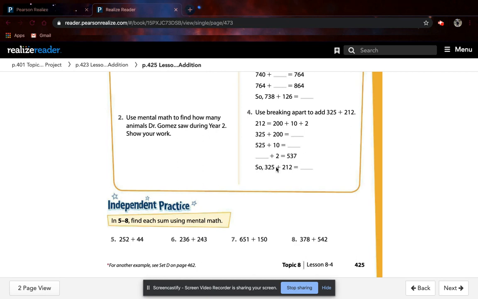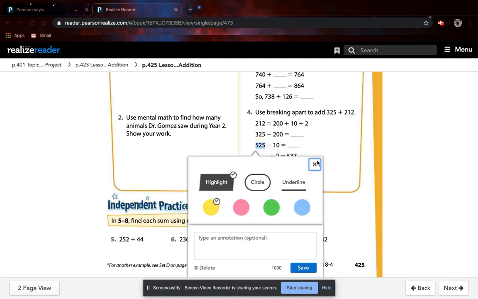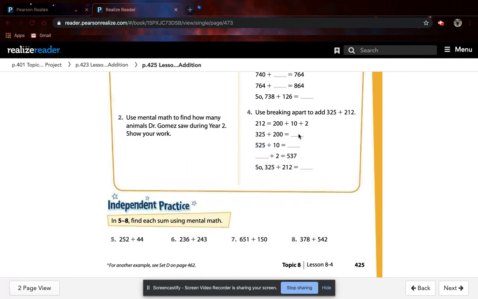So 325 plus 212 equals 537. And if you look where you were supposed to add 325 plus 200, you should have written your answer, and then if you wanted to check it, look at the line underneath it. They give you the next step in the equation, and this first number should be your answer for your last equation. So that's a way to check it.